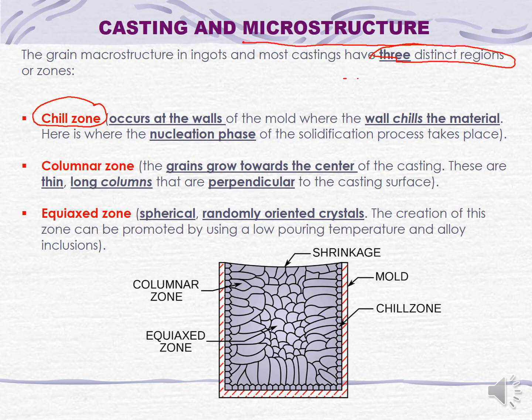This is the side view of a solidified metal in a mold. This is the mold, and this one inside the mold is the cast product, the solidified metal.